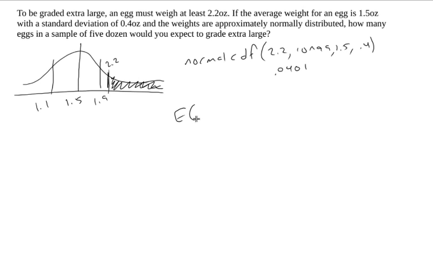If I want to figure out the number expected to be graded as extra large, I'm going to assume this is a binomial distribution, so assuming that the probability one particular egg is extra large is not influenced by another egg being extra large.